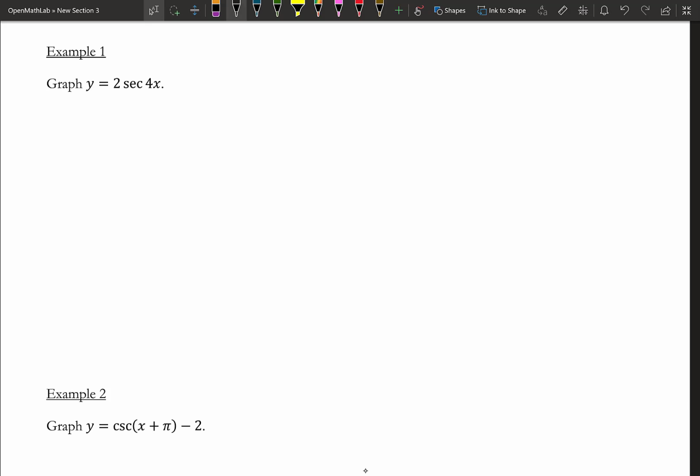The first thing we want to do is graph y equals 2 cosine of 4x, because if I can graph this function, that's going to help me graph secant, by using those characteristics we looked at before. So this is the reciprocal function.